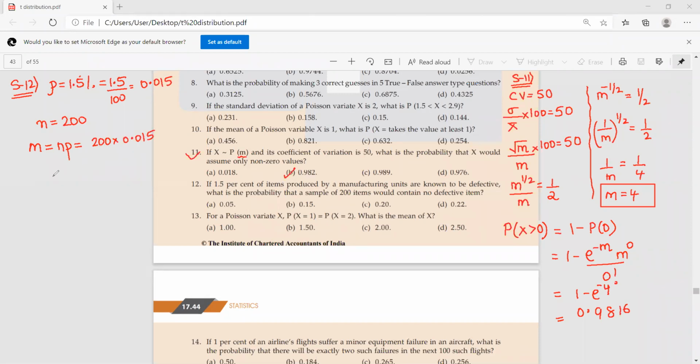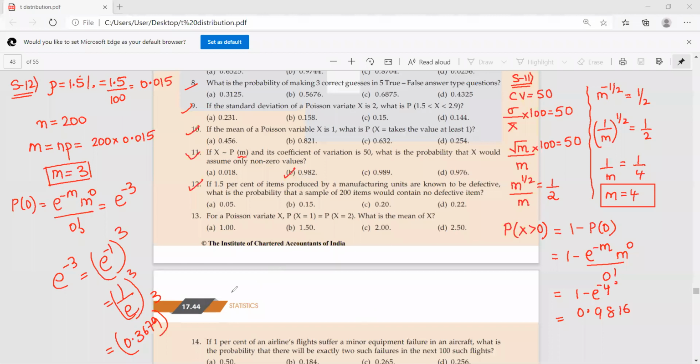So that turns out to be 3. We got the value of m as 3. Now what is asked? 0 defective. So they are asking P of 0. So e to the power minus 3, m to the power 0 upon 0 factorial, answer will be e to the power minus 3. So the answer turns out to be approximately 0.049. So I can consider it as A.